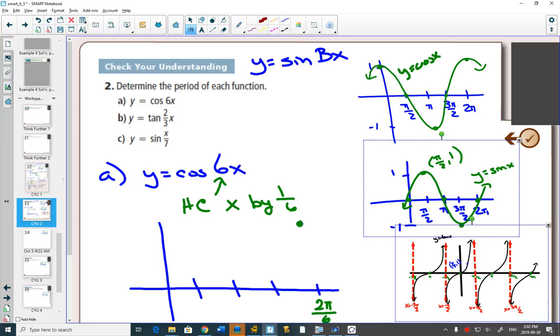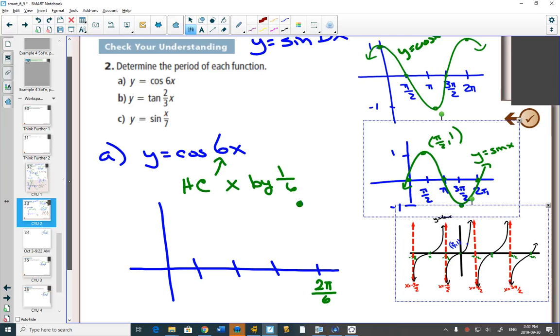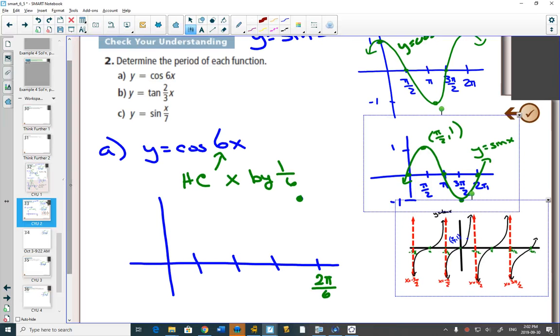Because if I multiply 2 pi by 1/6, I would get 2 pi over 6. You could reduce that. You could write pi over 3 if you'd like, but you don't have to. And since I was multiplying by 1/6, I thought that would be easy just to write that way.